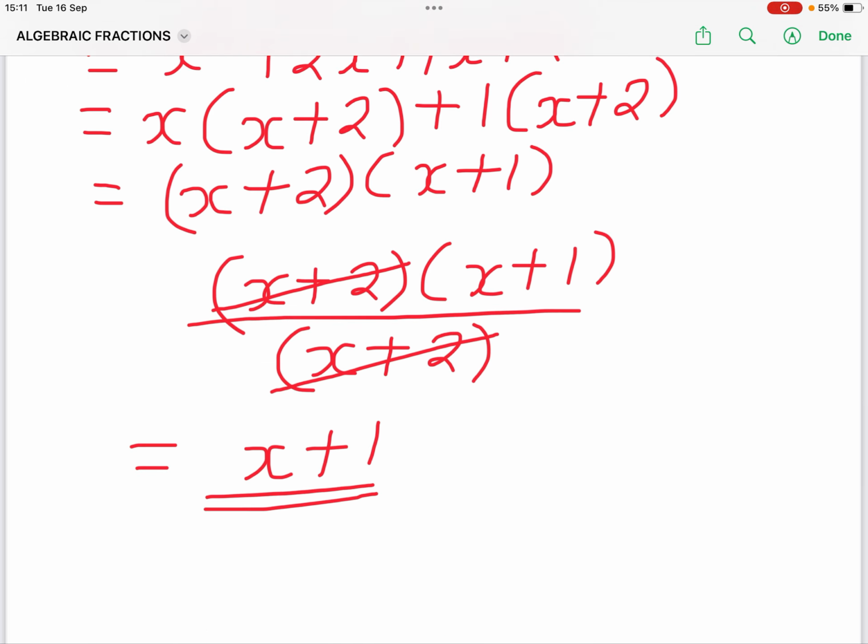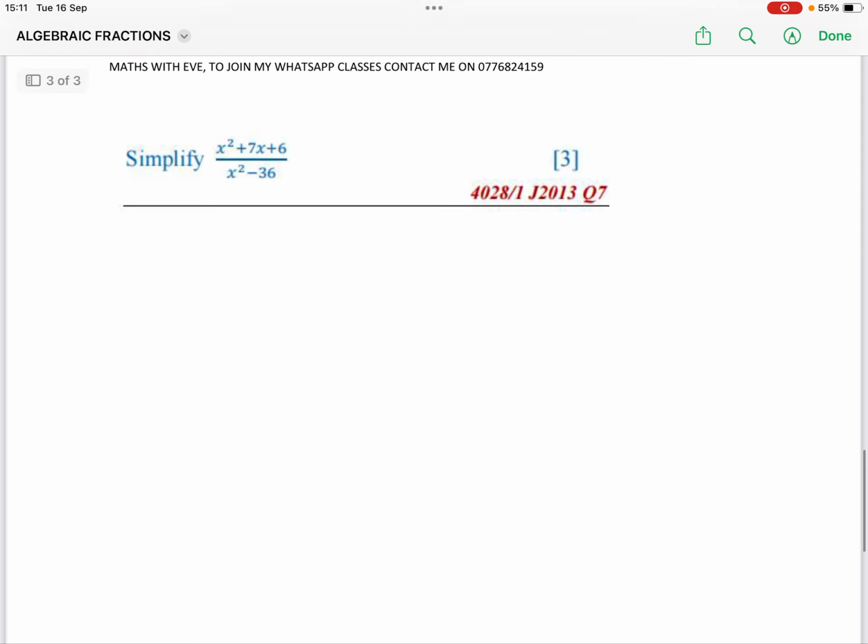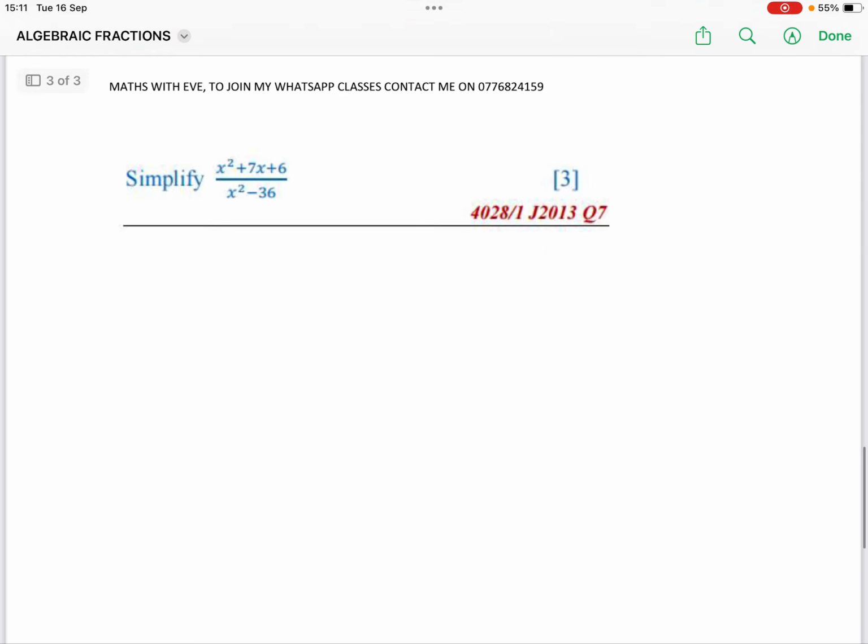We can now proceed to the last question on how to simplify algebraic fractions. This was June 2013, question number 7. We were required to simplify x squared plus 7x plus 6 all over x squared minus 36. So we need to factorize our numerator.